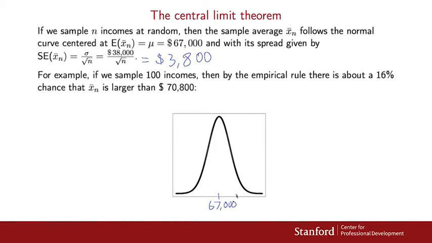So the empirical rule says if we go one standard error above the average, then there's a 16% chance to fall above that number. And one standard error above average is precisely that 70,800 we were looking at.